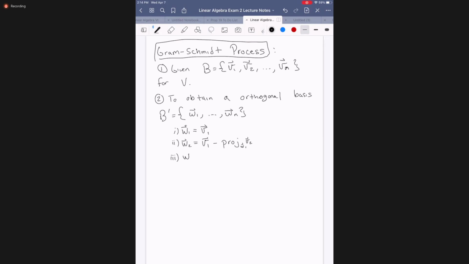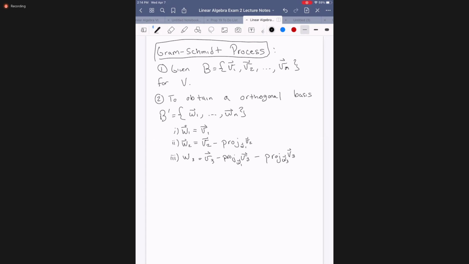Okay, how do you get W3? Well, you take V3, the projection of V3 onto W1, and then subtract the projection of V3 onto W2.